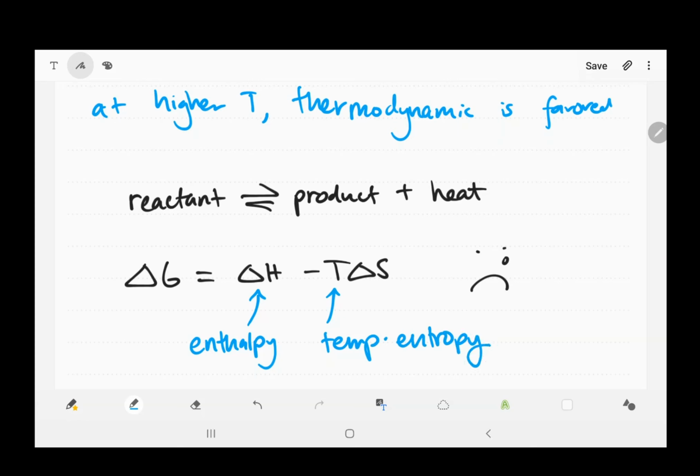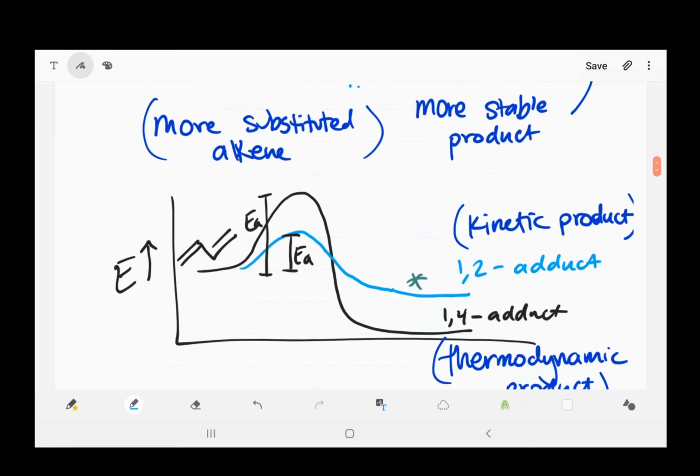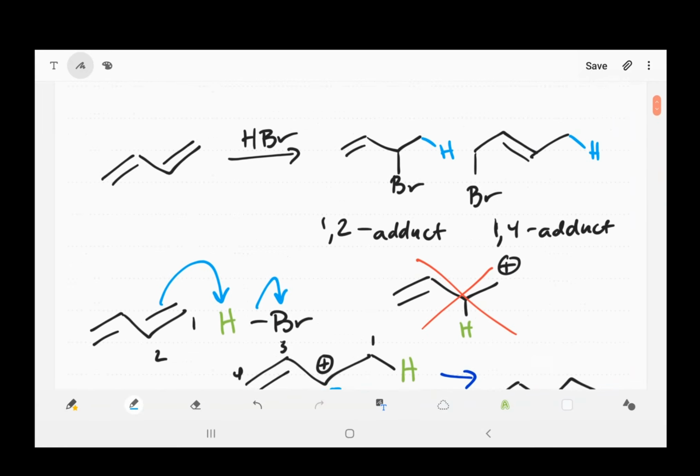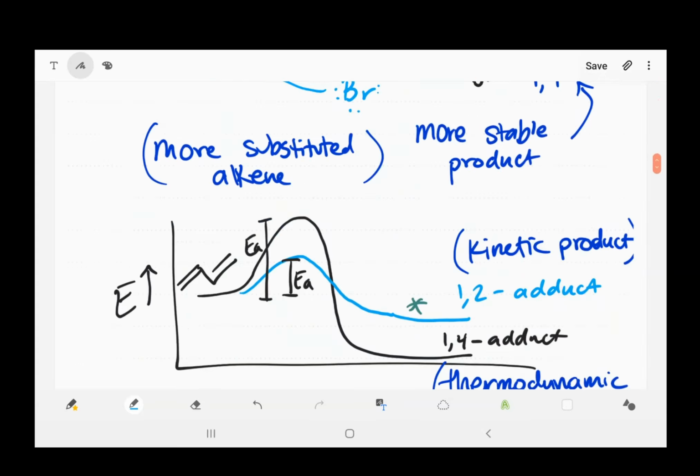These reactions are exothermic, so our delta H is negative. But our delta S is also negative, unfortunately. Right? How do we know delta S is negative? We are taking two things, turning them into one thing, whichever one thing we end up making, whichever product. So, entropically, these are not favorable reactions.